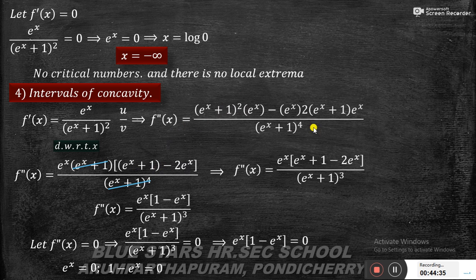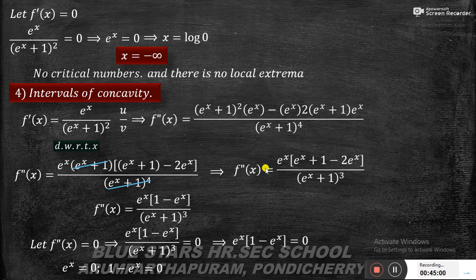So minus, again in the second term I take out e^x and (e^x + 1), so the remaining term is 2e^x. Therefore e^x (e^x + 1)(e^x + 1 minus 2e^x) over (e^x + 1)^4. Now we cancel the numerator and denominator: (e^x + 1) cancelled.